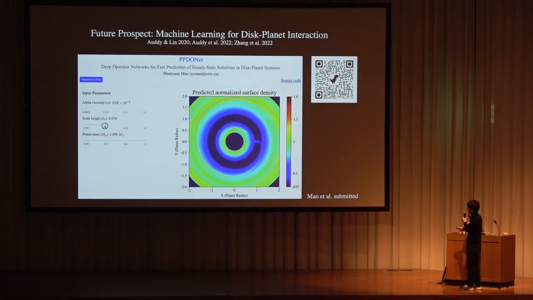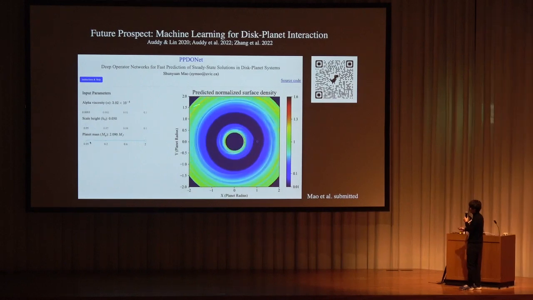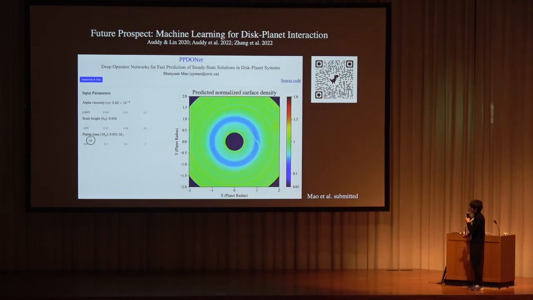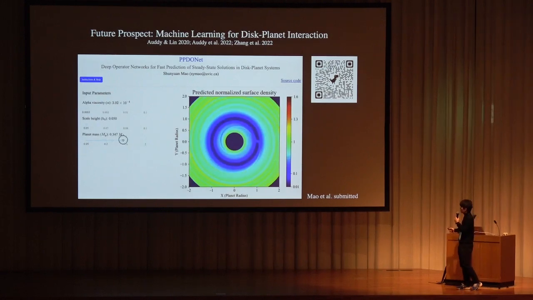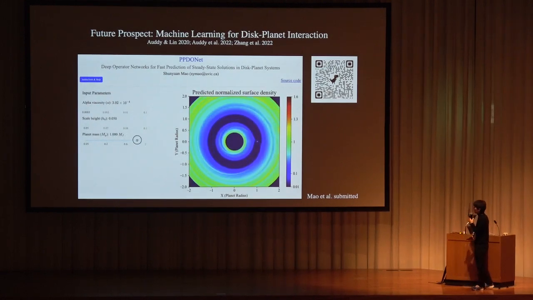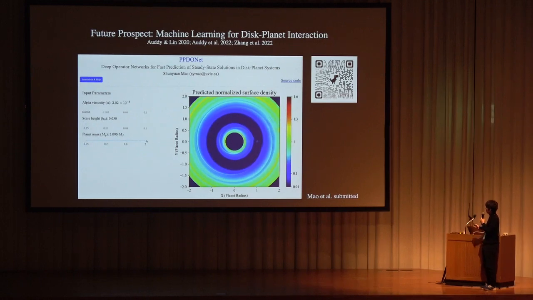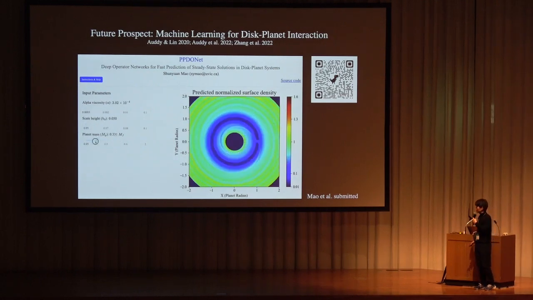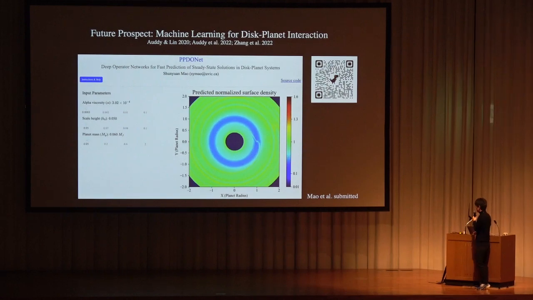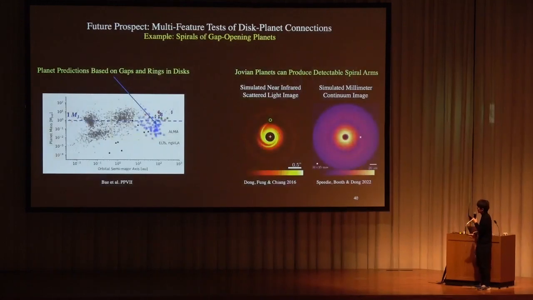And this tool can make predictions on the surface density of disk-planet interaction on demand instantaneously. This tool can also make predictions on velocities, which I didn't show. If you're interested, scan this barcode and you can play with it. This is also, of course, in the slides on Mattermost.